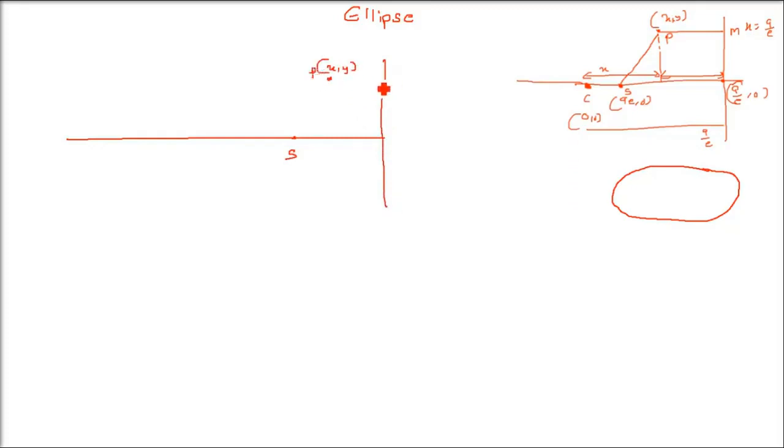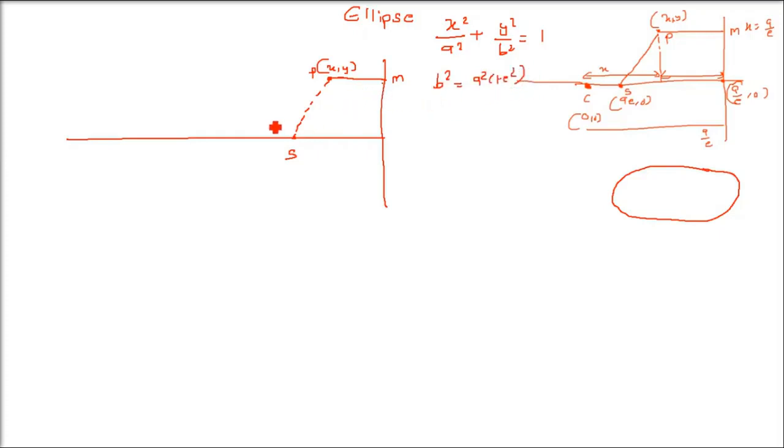Then there is a point P (x, y), and the perpendicular from this point P to this line is PM, and the distance of P from S. So we said that the ratio of the distance of this moving point P from S and the distance of P from this line, we took, and we finally found this equation. Here we saw that b square will be equal to a square times 1 minus e square. This was our total equation.